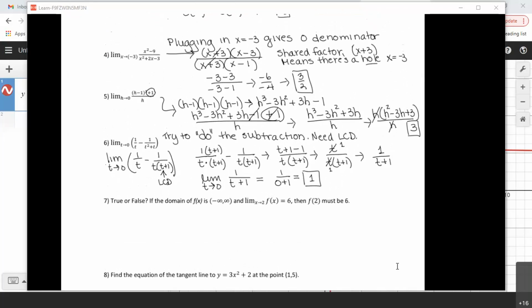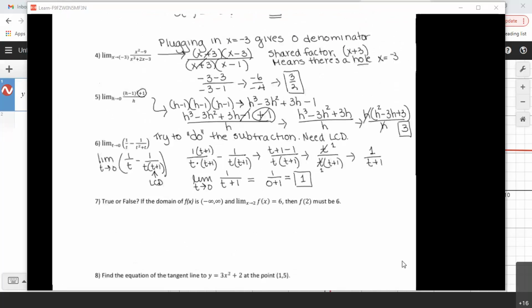So you'll either need to factor polynomials or add, subtract algebraic fractions. There's another example that's not in here that would require you to rationalize a square root. But again, these are all intermediate and college algebra skills.